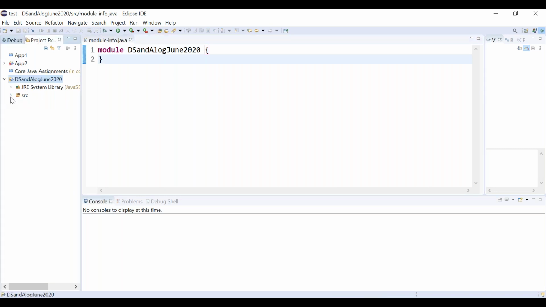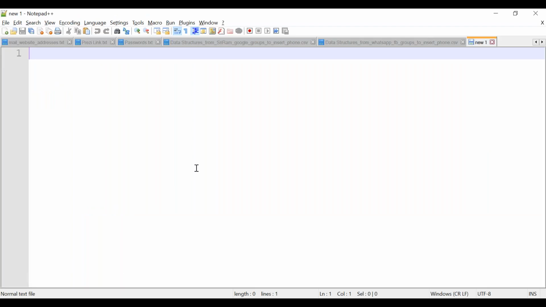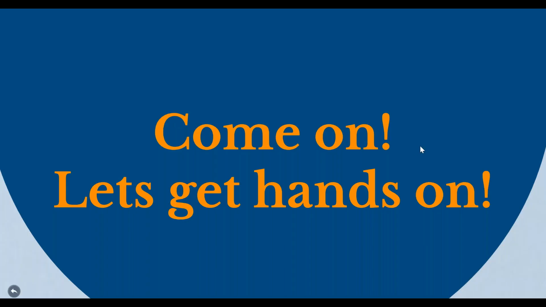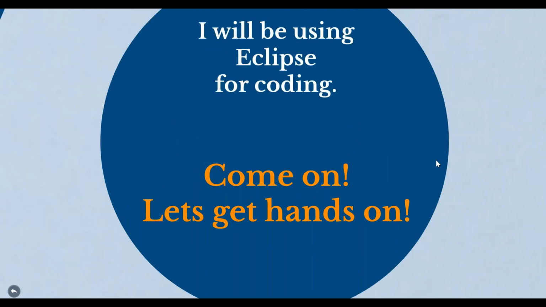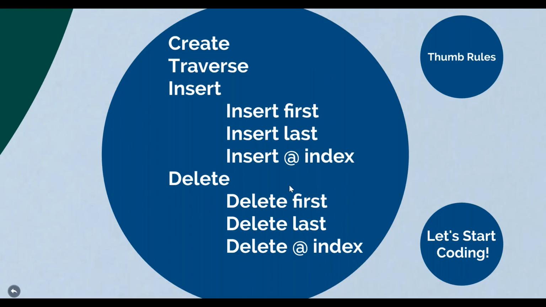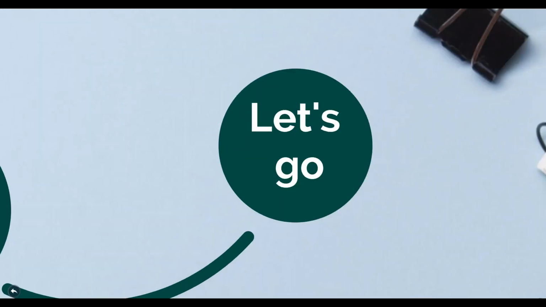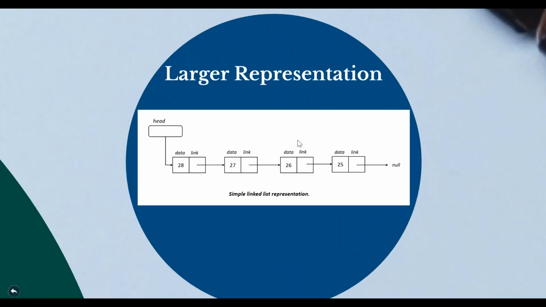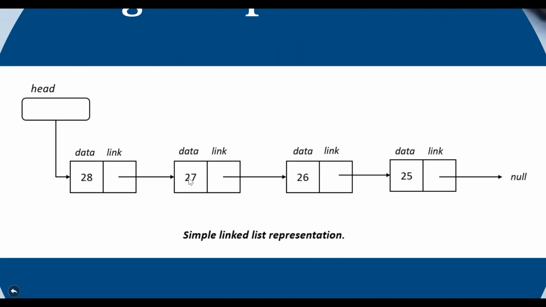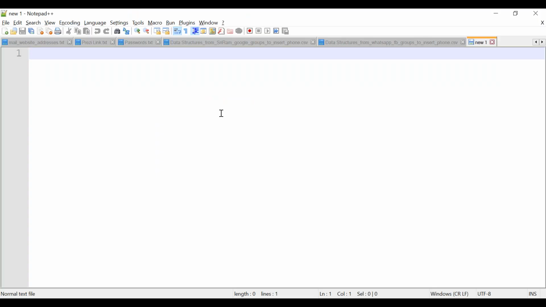Let me create a simple class. Before that, let me try to write one thing, right? How do we represent a linked list? Let's take the same example that we have taken. There is a head, there is 28, 27, 26, 25, and null. Let me try to put the same over here.